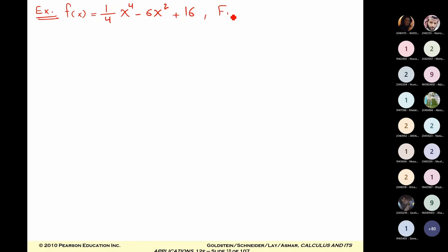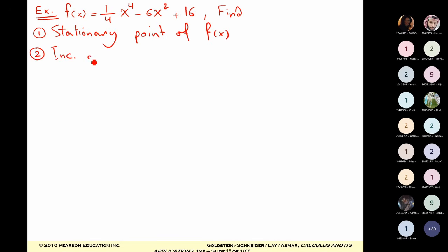Find number 1, stationary value or point of f of x. Number 2, increasing and decreasing interval of f of x.